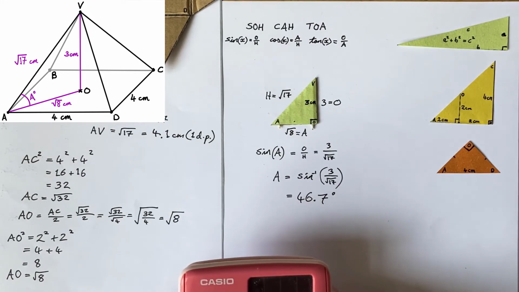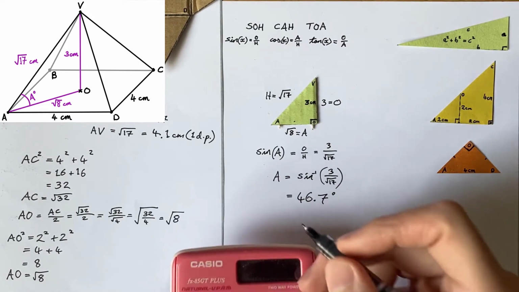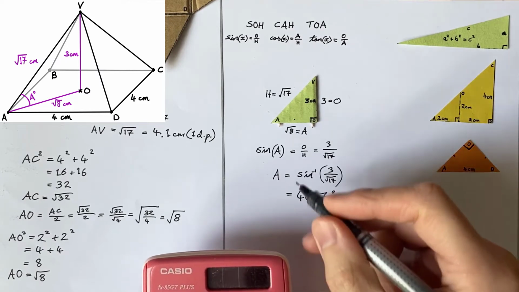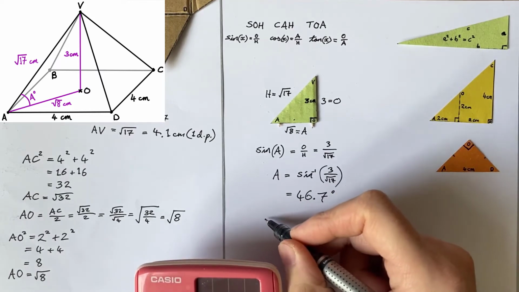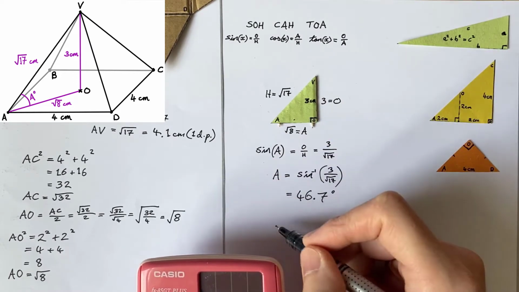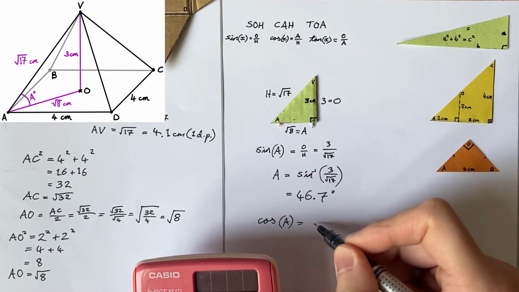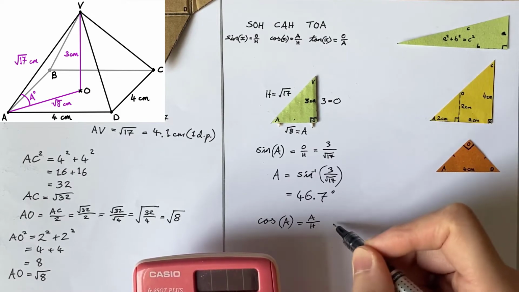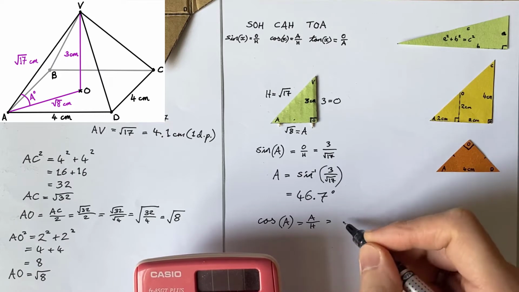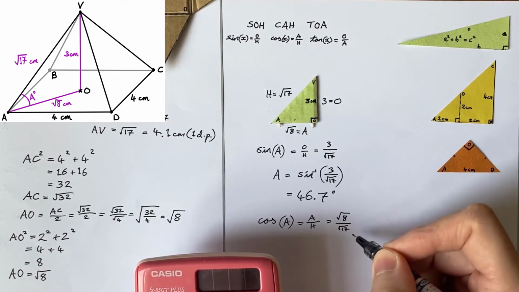And to show you could do it also with another one, I just did it with sine, but we could also use cos in this case, because we know all 3 sides. If I did cos of A equaling the adjacent over the hypotenuse, this would be equal to the square root of 8 over the square root of 17.